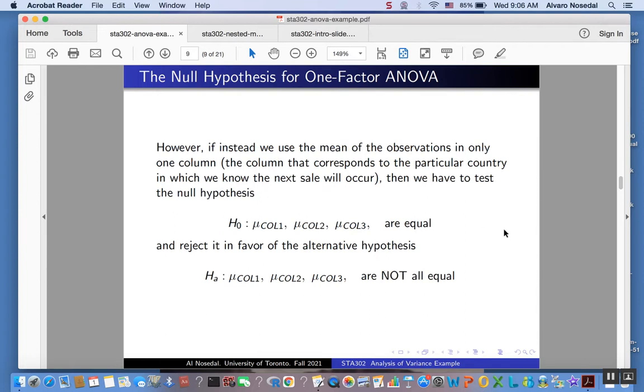So let's talk about the null and the alternative hypotheses for that hypothesis test.